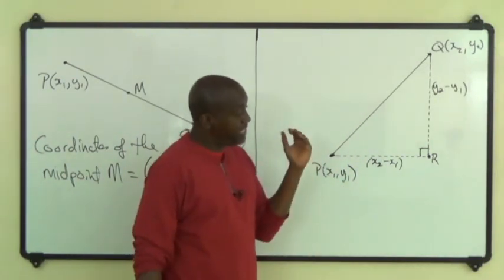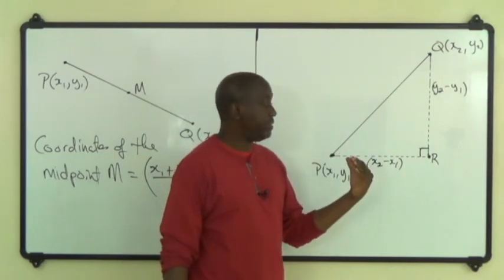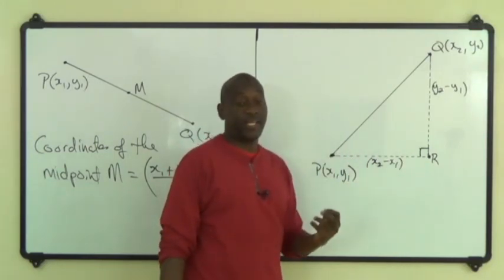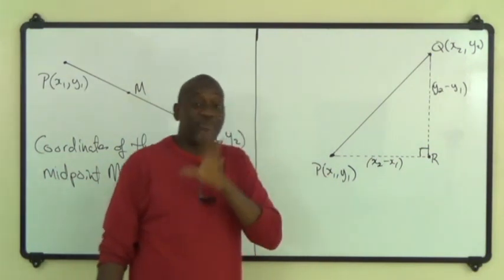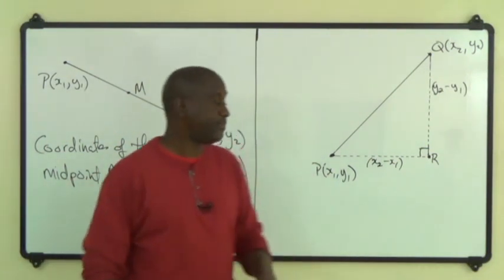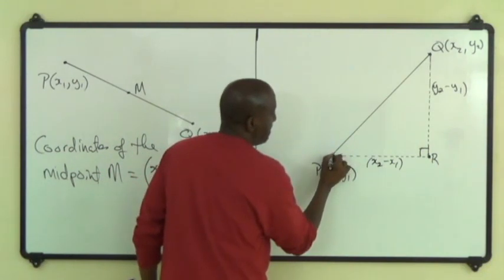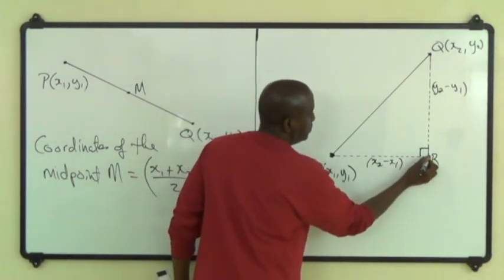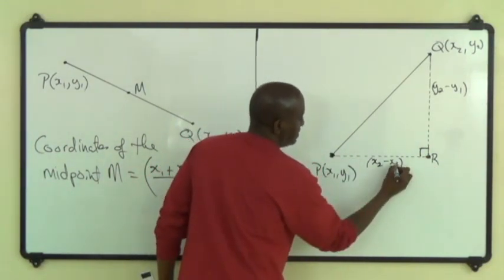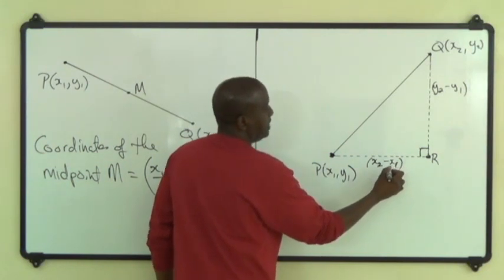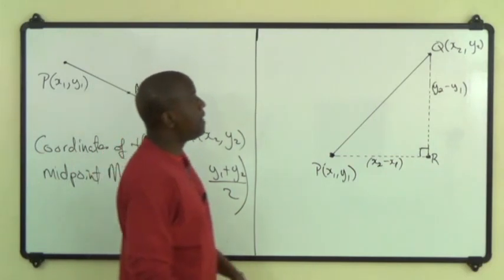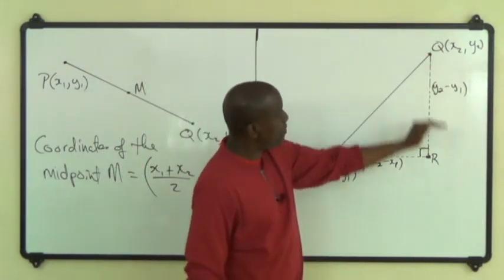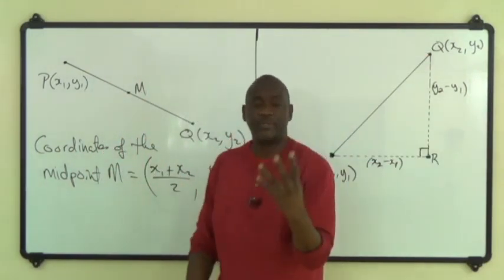So remember, in the lines that we use, we had the difference between the x coordinates. The important point is to consider the difference between the two x coordinates. The length of the line parallel to the x-axis would be the difference between the two x coordinates, and the length of the line parallel to the y-axis would be the difference between the two y coordinates.